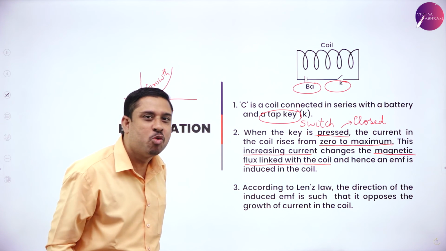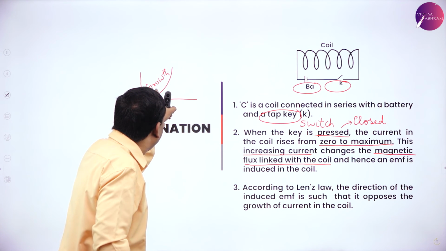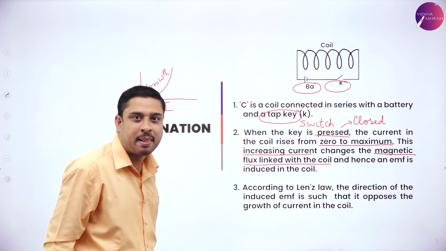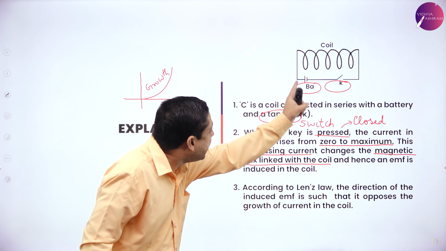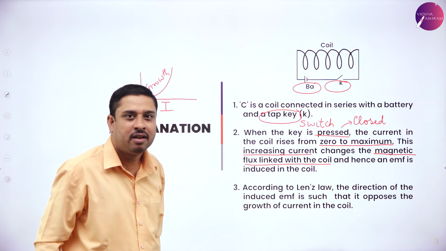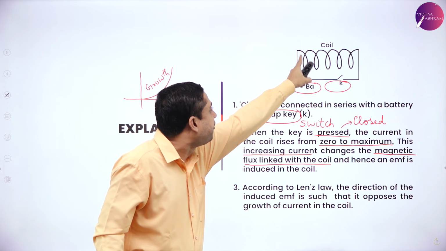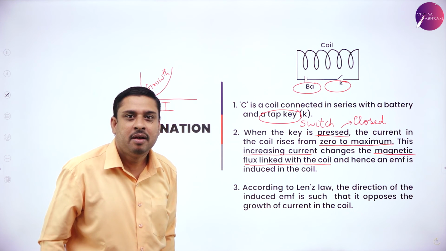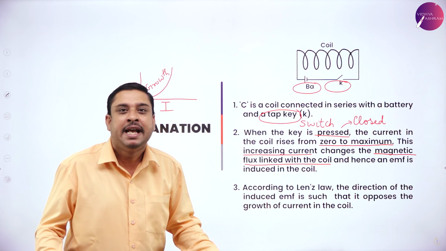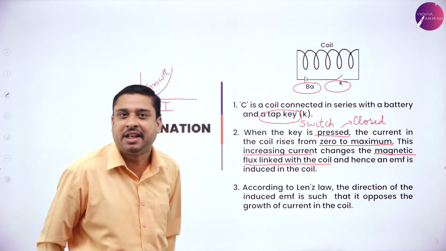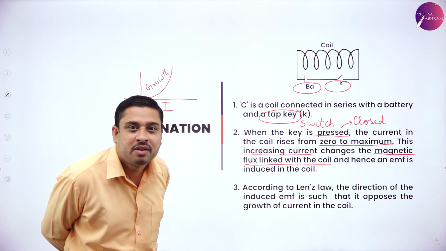So very clearly you observe the current that is growing in the circuit, the current that is increasing across the coil, that itself is changing the magnetic flux linked with the coil. Magnetic flux has changed. EMF is induced. It is self-induction. No external aid was used.